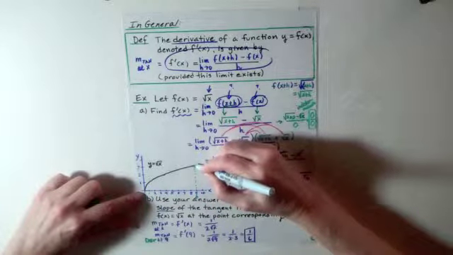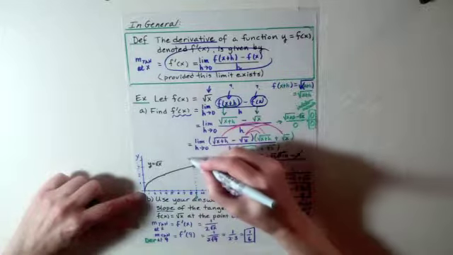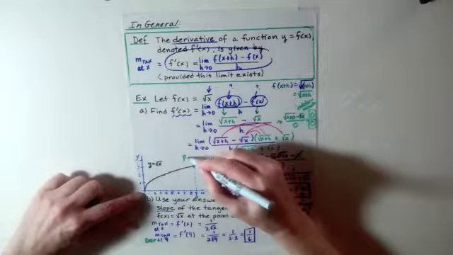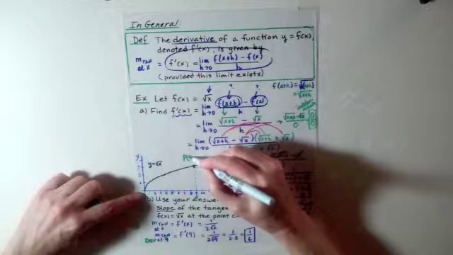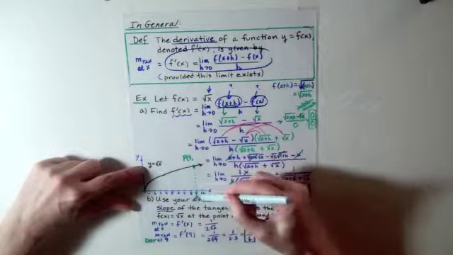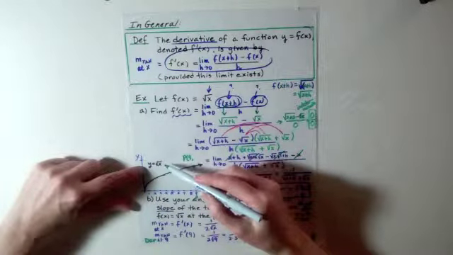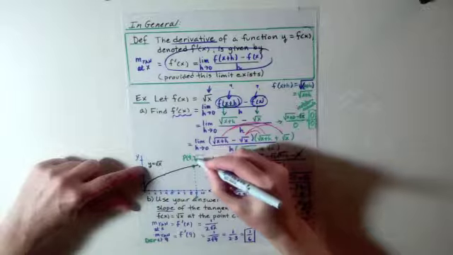So I go up to my black graph. That's the point that I'm looking at. You can think of that as the point P if you want to. And we can even find the y coordinate at that point. We just plug into our function. We're plugging 9 in for x, so the y coordinate would be square root of 9, or 3.